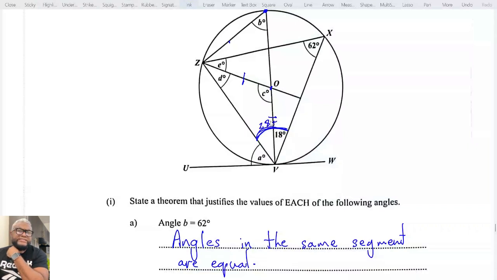Yes, 28 plus 18, right? And here would be 28 also. So if here is 62, here is whatever 28 plus 18 is. 46. Yeah. And we need to find this, right?